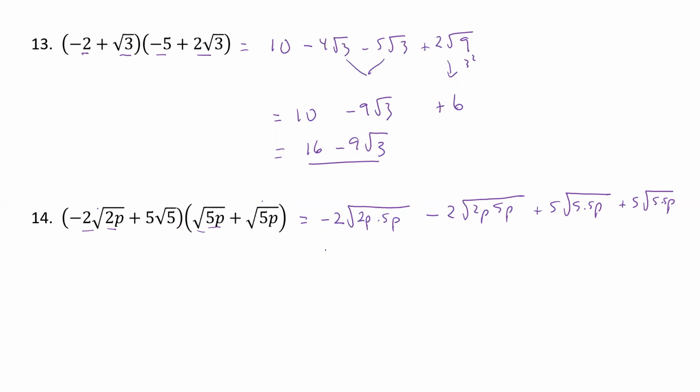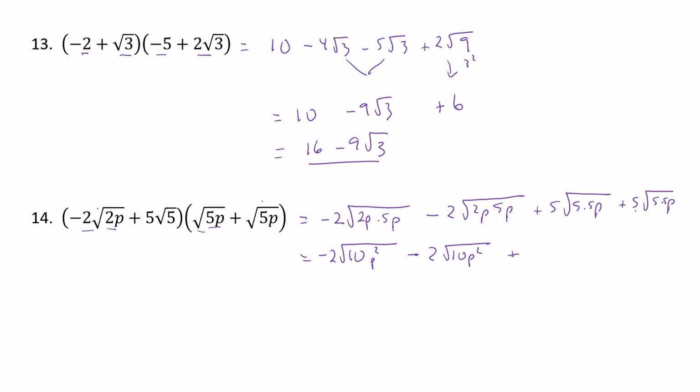Well, what is this? Here we have a negative 2 square root. Well, 2 and 5, those aren't perfect squares, so that's going to give us 10. P times p, that's p squared. So that eventually we can take out as a square root. Now we have minus. Well, this one is going to be, guess what, the same as the first one, so that's a minus 2 times the square root of 10p squared.